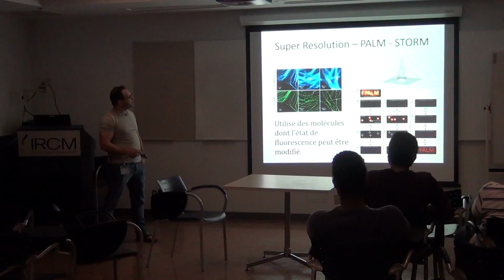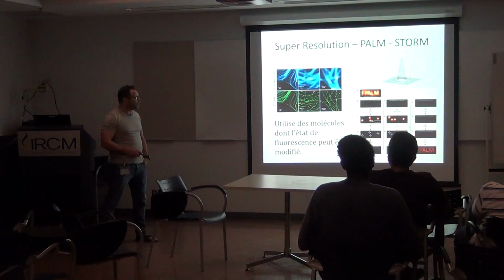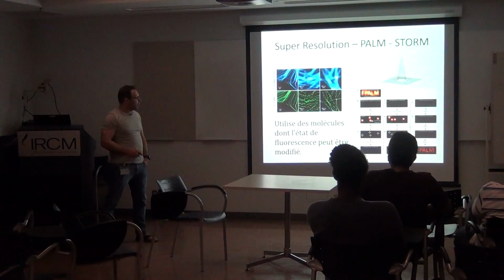The other technique is PALM STORM. It's a stochastic technique. So let's say if you image all molecules at the same time, you have something blurry like this. But if you have a way to make them excitable not at the same time, then you excite a couple of them which are apart from each other.